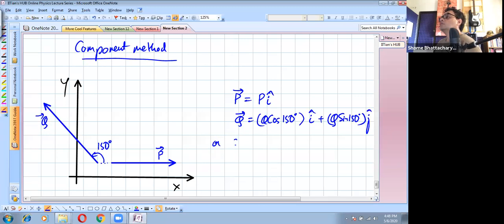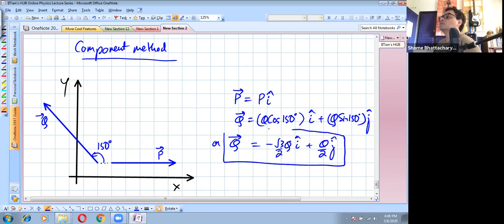Or you can see Q, now using that cos 150 is minus cos 30, so it is minus root 3 by 2 Q I cap, and sin 150 is the same thing as positive of sin 30, so that is plus Q by 2 J cap. So this is my vector Q in component form, whereas this is the vector P in component form.